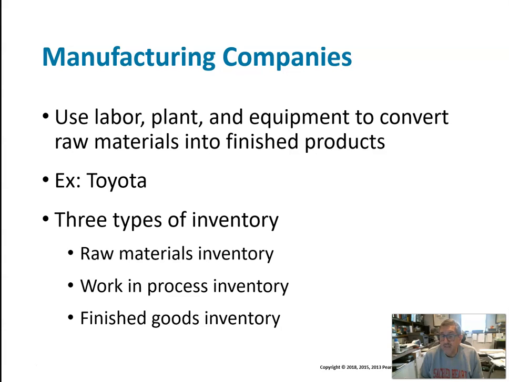Again, in the United States economy at this point, manufacturing is not the largest sector, but it certainly does account for a lot of the gross domestic product and a lot of the economic activity that takes place in the country.